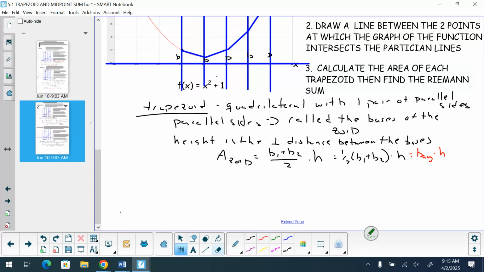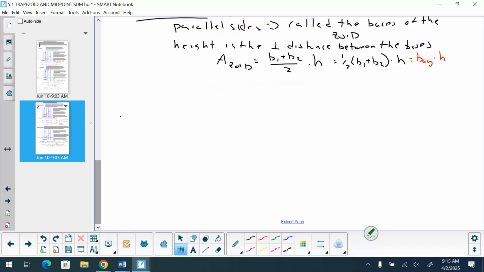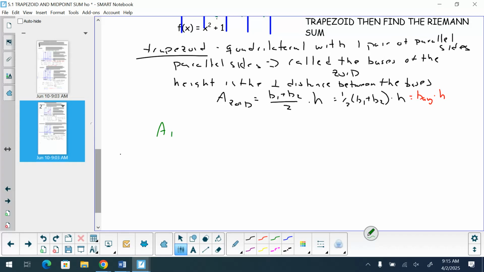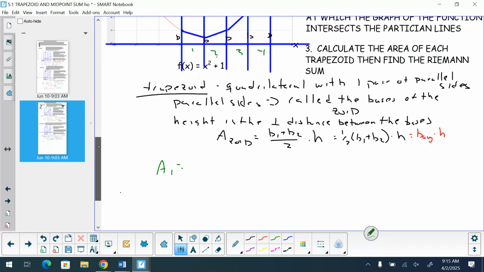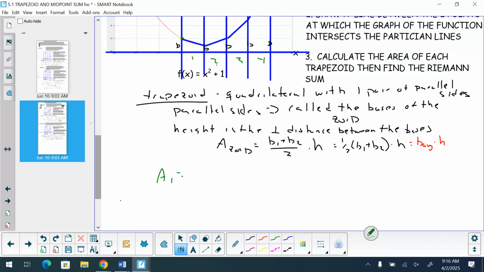So if we look at area 1, we have to take the average as our base. Well, our bases are at -1 and 0. Our function value at -1 plus our function value at 0.